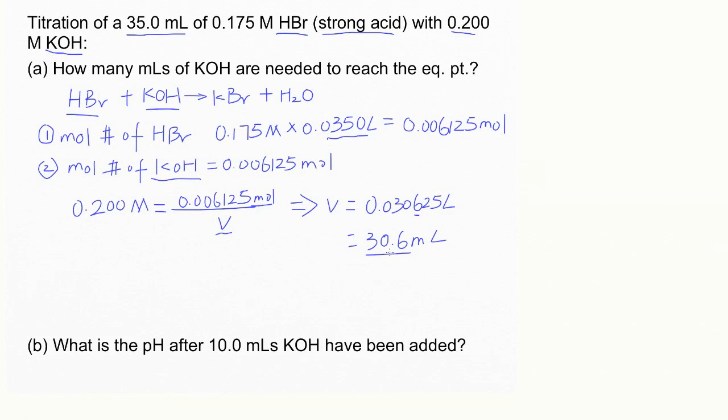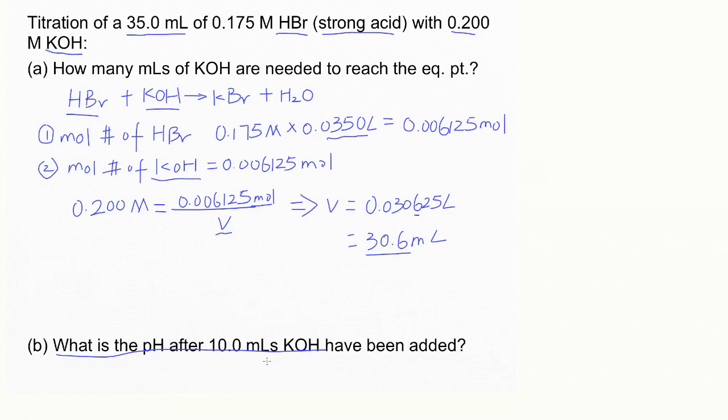Alright, 3 significant figures. So this is how many ml of the potassium hydroxide are needed to reach the equivalence point. The next question, what is the pH value after 10 ml of the potassium hydroxide are added? Remember, you need 30.6 ml of potassium hydroxide to reach the equivalence point.